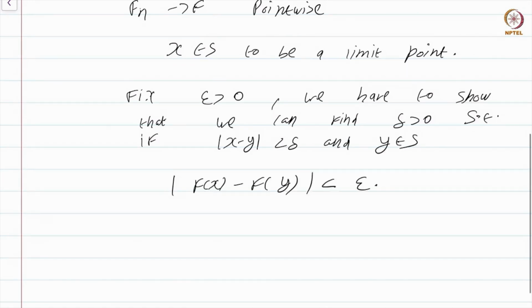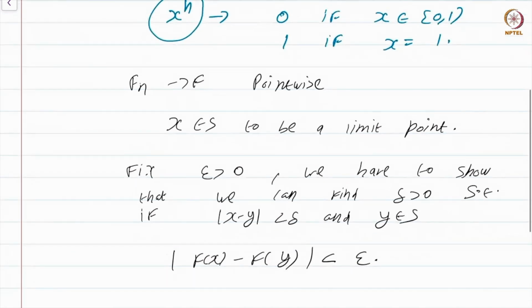This is what we have to do. Of course, I must mention that the functions f_n are continuous. Otherwise, this whole enterprise is doomed to fail right from the beginning.